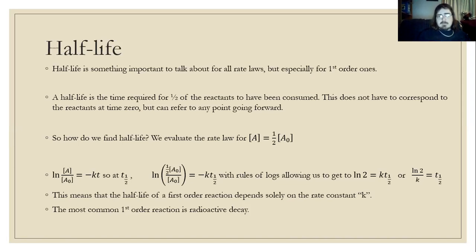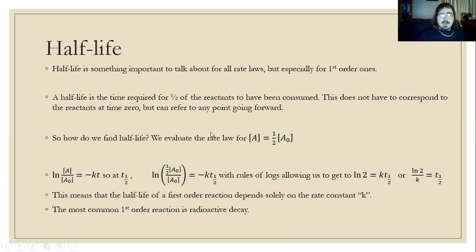If I have 50 molecules left, half-life would be 50% of that 50, which would be 25 molecules remaining. So the half-life amount changes depending on where we started, but the half-life time does not always have to change. This doesn't necessarily have to correspond to the reactants at time 0.